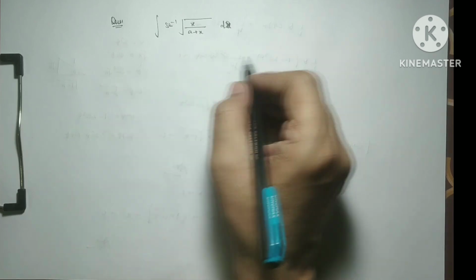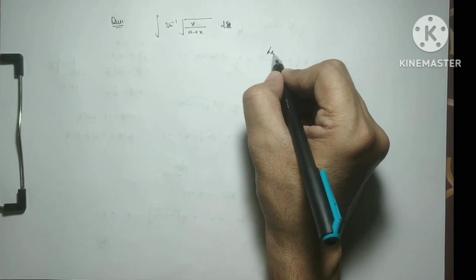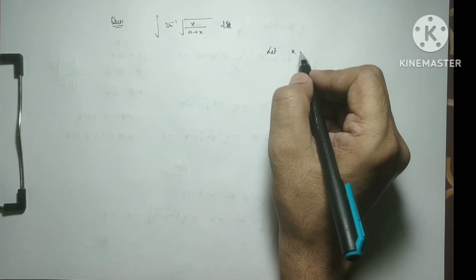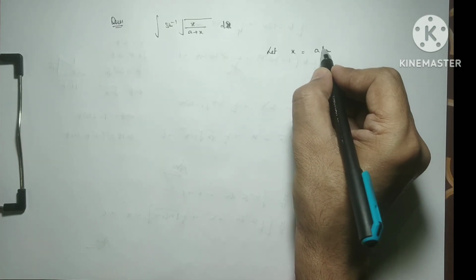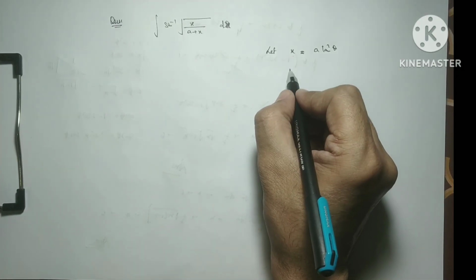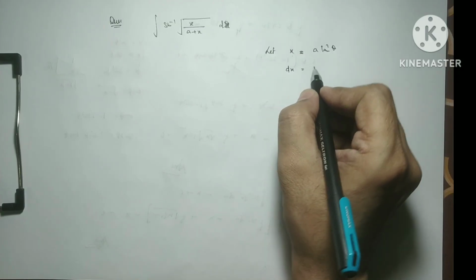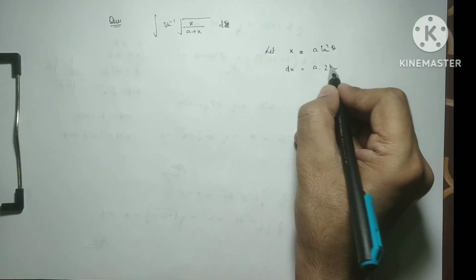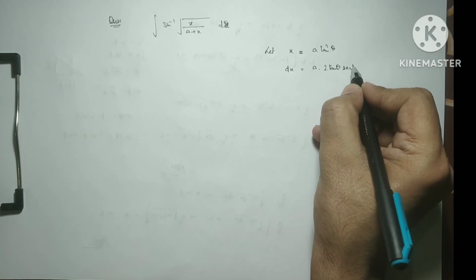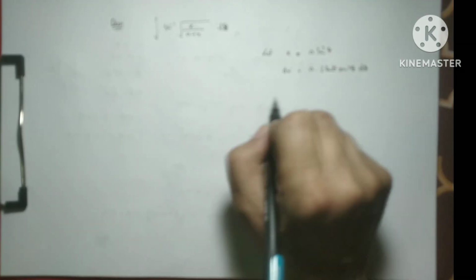So we consider, let x equals a tan square theta. Right now we differentiate this, so it is a into 2 tan theta sec square theta d theta.